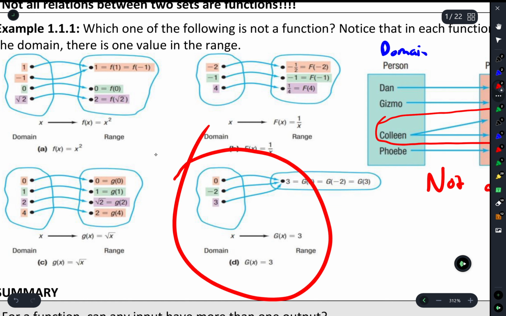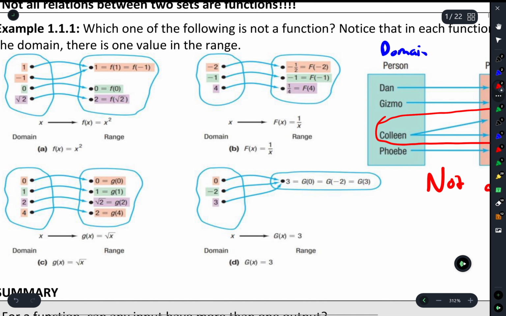And even right here for D, you notice 0 is mapped to exactly one value, -2 is mapped to exactly one value, and 3 is mapped to exactly one value. Now, even though they're all mapped to the value 3, that does not violate our rules for a function.